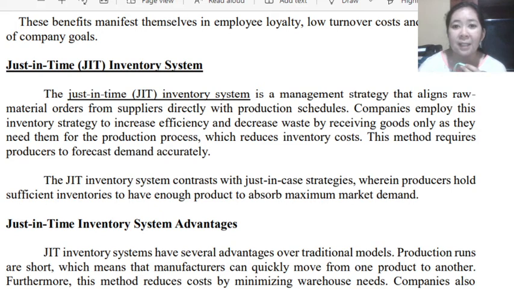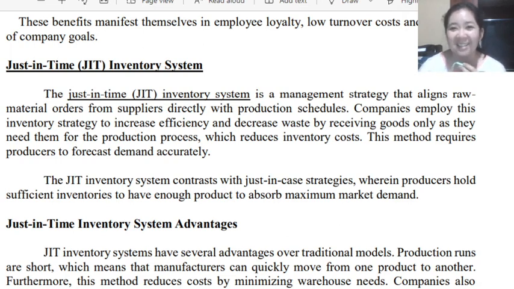So in this case, companies employ this inventory strategy to increase efficiency and to decrease waste by receiving goods only as they need them for production, which reduces inventory costs at the same time. This method requires producers to forecast demand accurately, so that they will be able to meet their goal. The just-in-time inventory system contrasts with the just-in-case strategy.